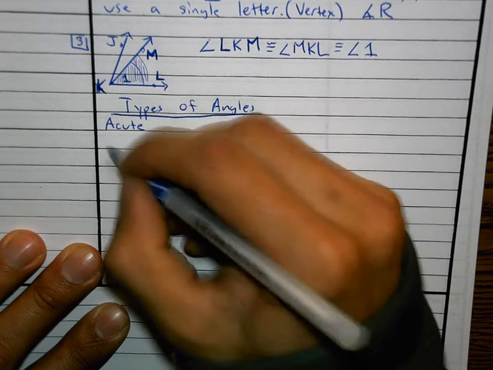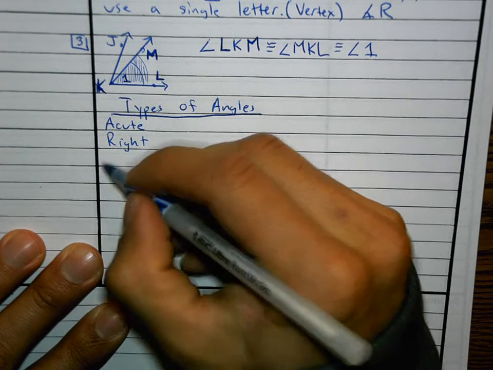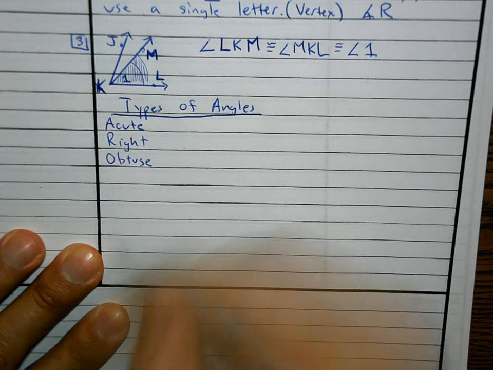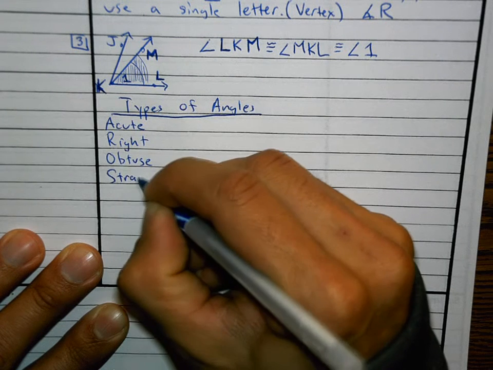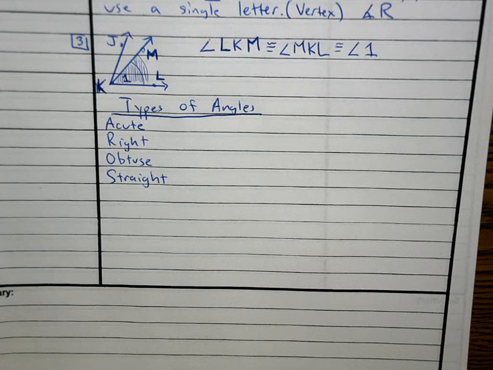There is a right angle. There is an obtuse angle. And there is a straight angle. Acute, right, obtuse, and straight.